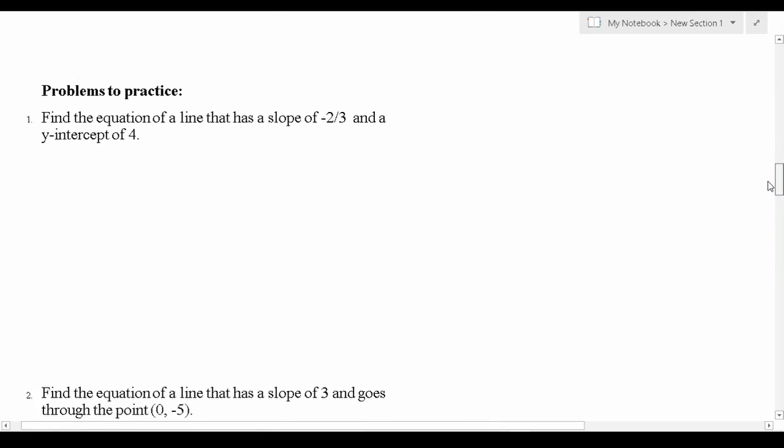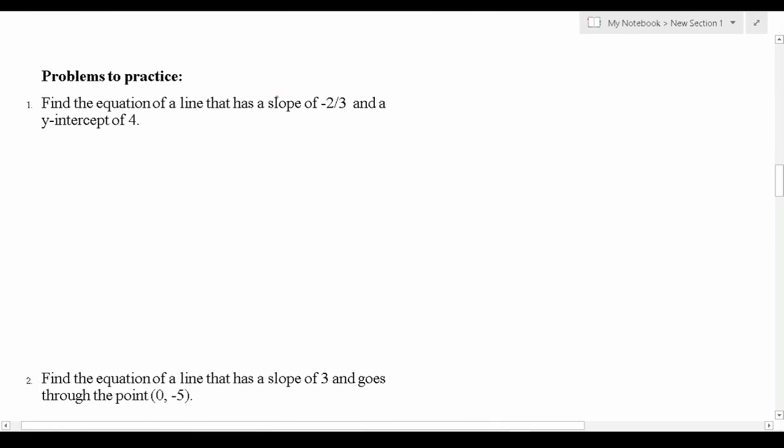And as I mentioned, you simply just identify what you have, namely m, as well as the y-intercept, which is b, and we're going to take those values and plug them into the slope-intercept equation, which is y equals mx plus b. Again, we know what m is, so let's plug that in. y equals m. m is negative 2 over 3x. And we know what b is, it's 4.